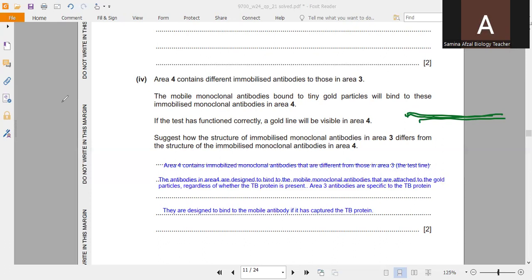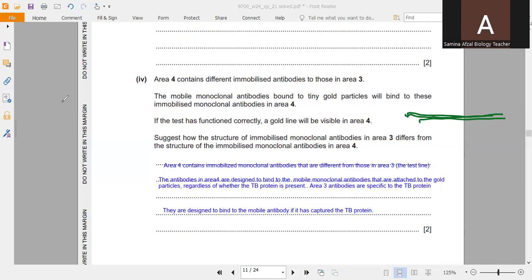Again, first of all, we will discuss area 4 and area 3. Area 4 contains immobilized monoclonal antibodies that are different from those in area 3, which is the test line. These antibodies in area 4 are designed to bind to the mobile monoclonal antibodies that are attached to the gold particles, regardless of whether the TB protein is present.